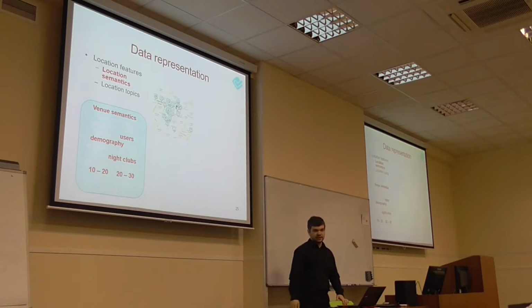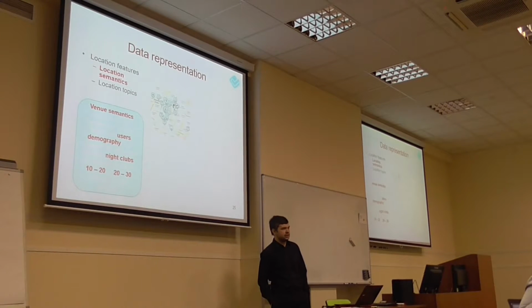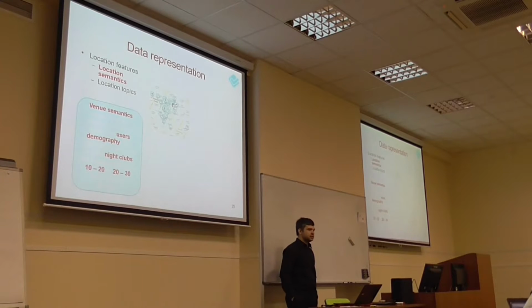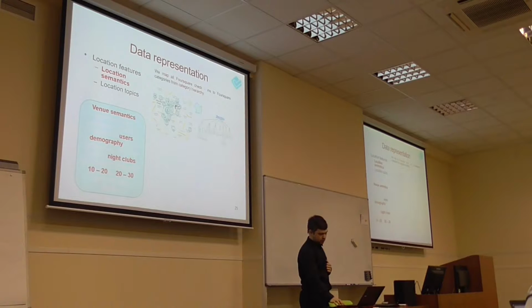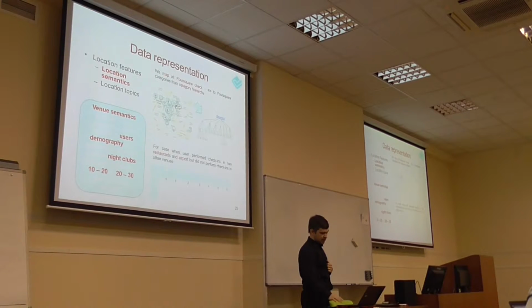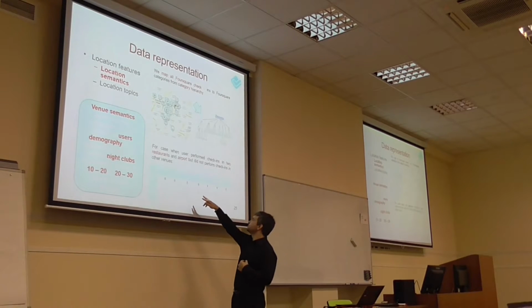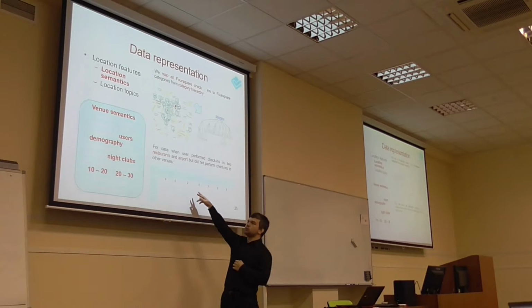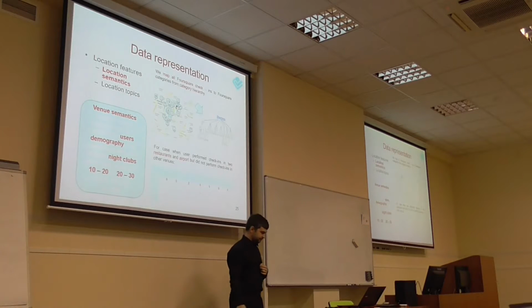Next type of features is location data. In this work, we didn't leverage the actual location of a person, the movement of a person, but we studied the categories of places which a person visits. So for example, I go to a restaurant once, and I go to the airport twice during the whole time of monitoring of me.